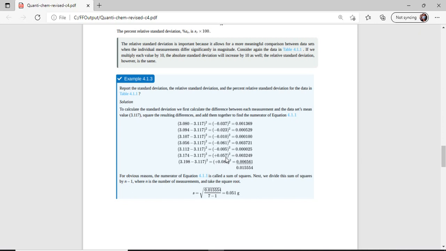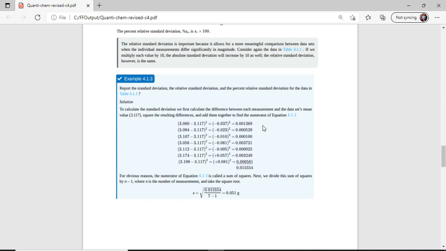Square it, the value will be 0.006561. Now, for those that were negative, if you multiply a negative value by itself, it will result in a positive value.